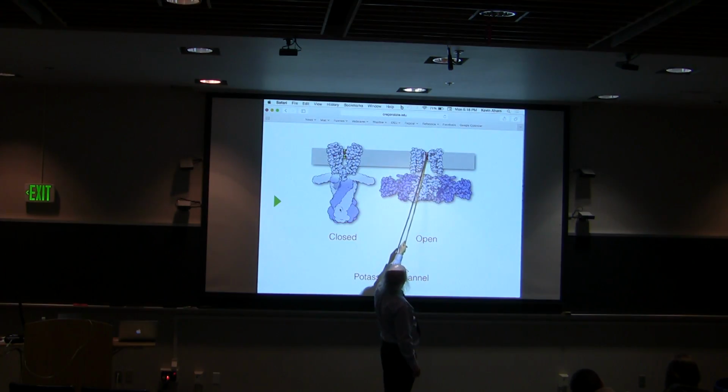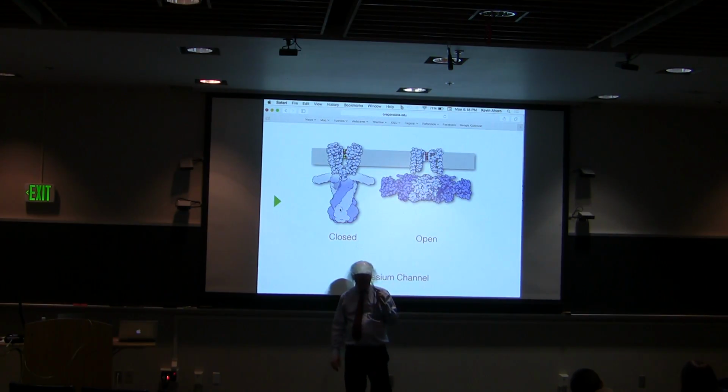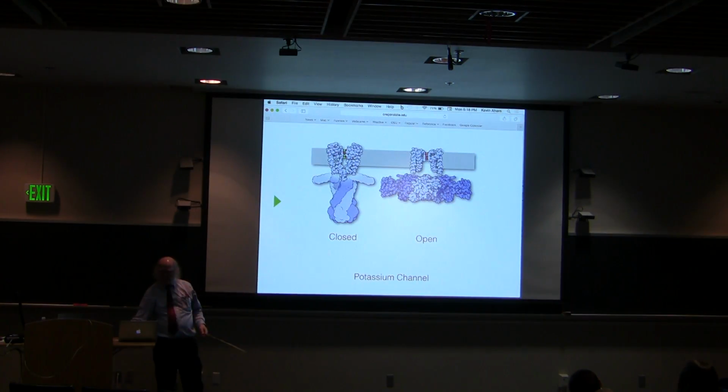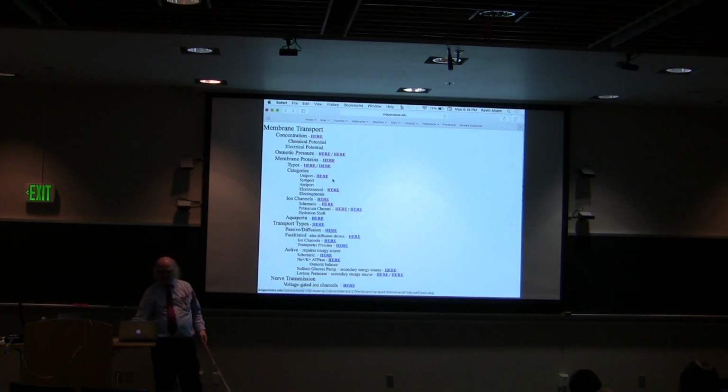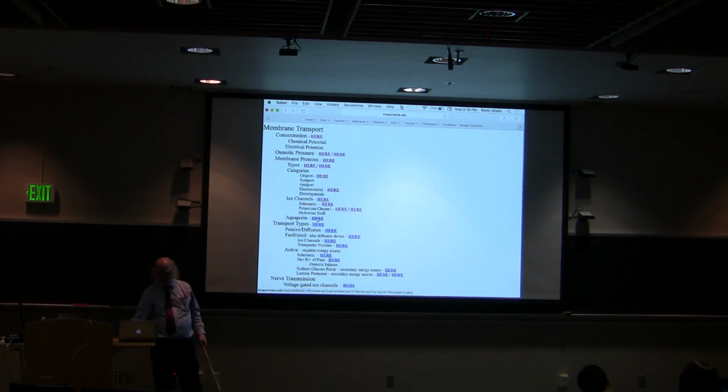Whereas the inefficient removal of waters with a different sized ion makes this process energetically unfavorable, and that's why smaller ones, like sodium, don't make it through. All of these different channels have controls for making sure that you can open and close them. Okay? Because if you can't close them, then we've got problems.